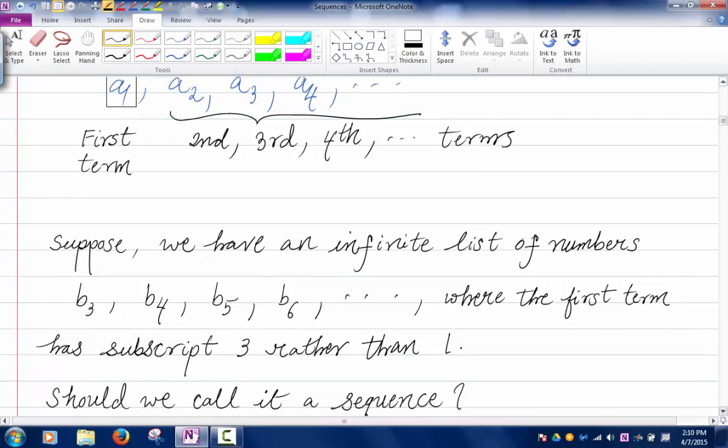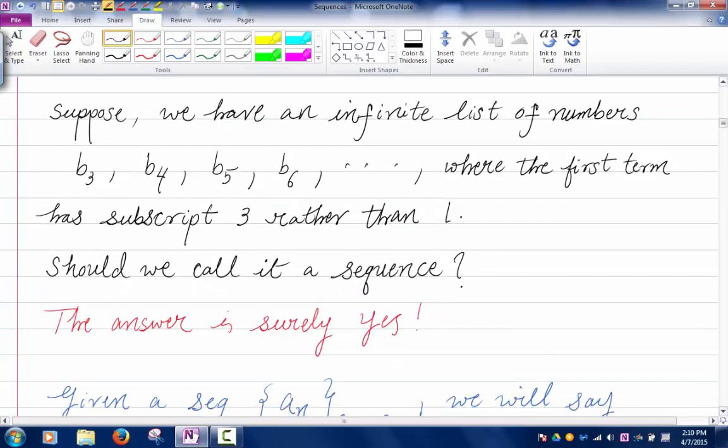Now, suppose that I have an infinite list of numbers, b3, b4, b5, b6, and so on. So suppose I have a function, but the function is defined on integers larger than or equal to 3. So b3, b4, b5, b6. Should I call that a sequence?